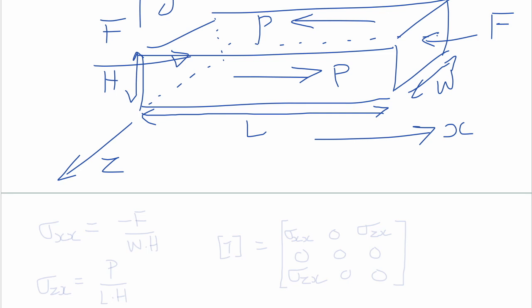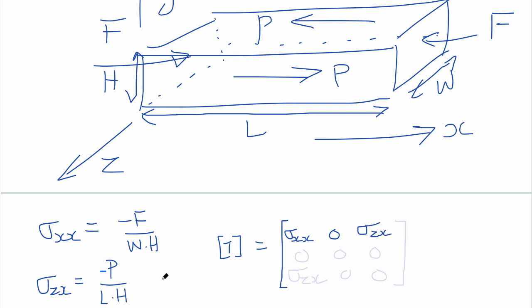So this then gives us that sigma xx equals minus F over the area of the face normal to x, which is W times H. Sigma xz equals minus P over L times H. And therefore the components of the stress tensor will be sigma xx, 0, sigma zx, 0, 0, 0.